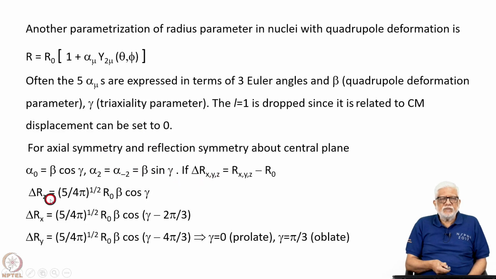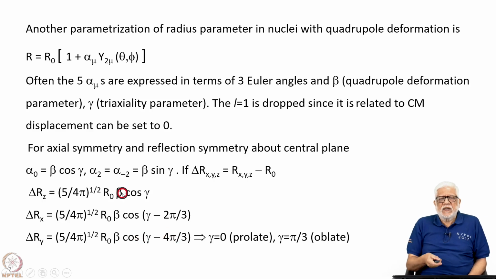So you can calculate the change in radius along the z direction to be a constant times R0 times beta cos gamma, and delta Rx is the same thing in terms of cosine of gamma minus 2 pi by 3, and delta Ry in terms of cosine of gamma minus 4 pi by 3.